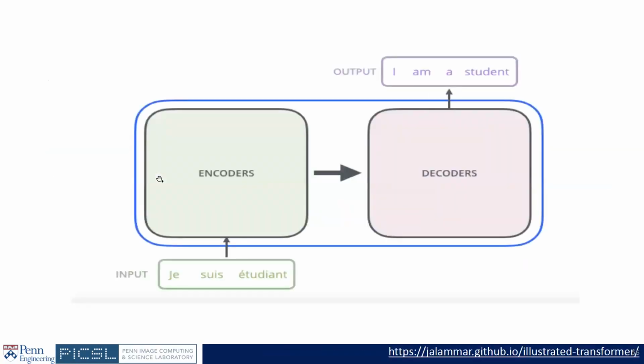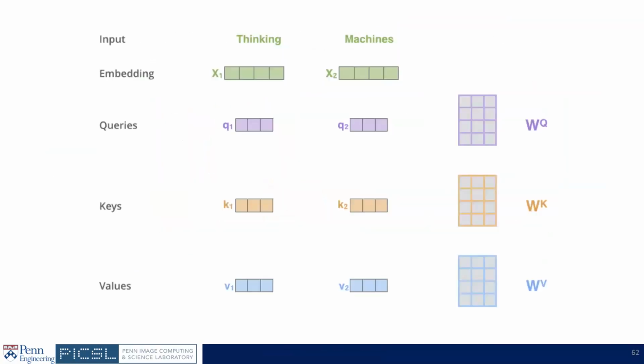So this is the formula we are gonna use. So again, for these two words in the input, which I'm translating to some other language, I have these three things associated with every word of the sentence. And now I'll just try to compute attention between these two words, right?